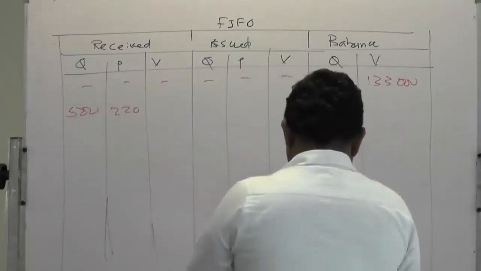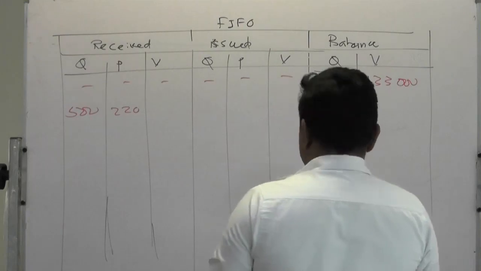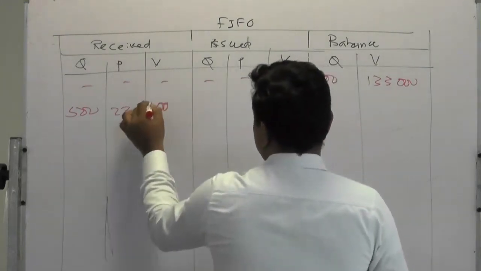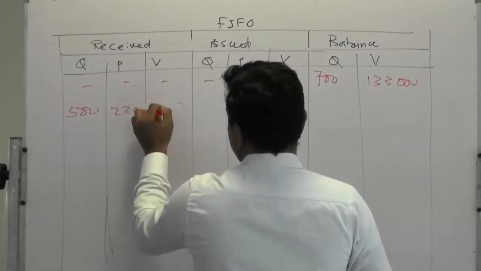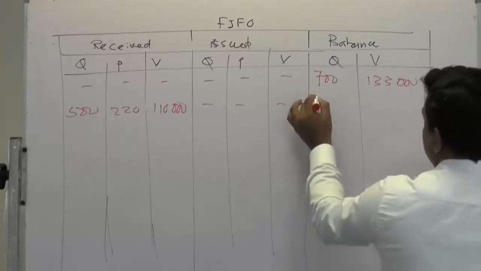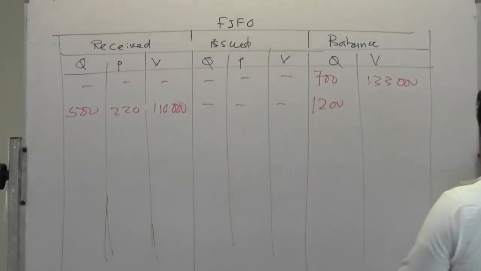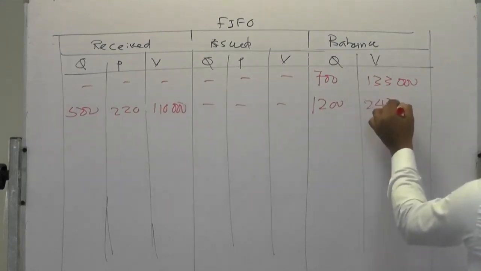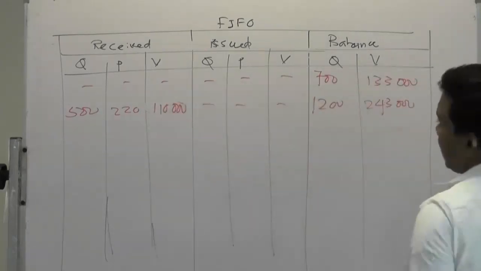What is the total value? 500 units at 220, 110,000. Therefore, your quantity increased to 1200, value increased to 243,000. That means you need to add this value and this value to have the balance.